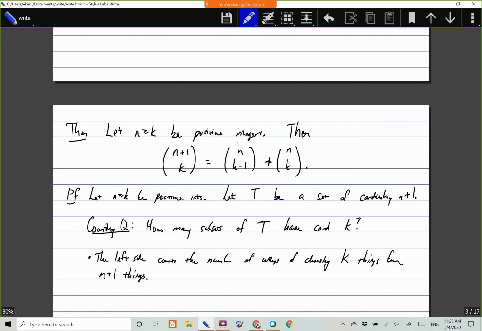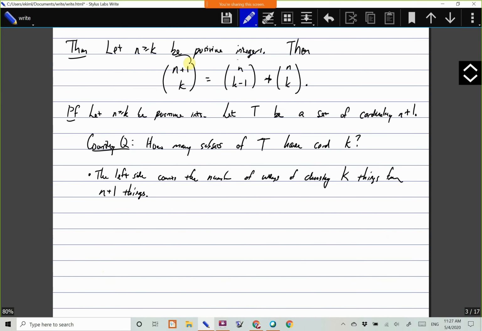That's what this binomial coefficient, or this combination number, is. You start with n plus 1 things, and then you have to pick k of them. How many ways are there to do this? There's n plus 1 choose k. So that's already answering the counting question once. That's the direct answer, because the left side is a very direct looking thing, just n plus 1 choose k.